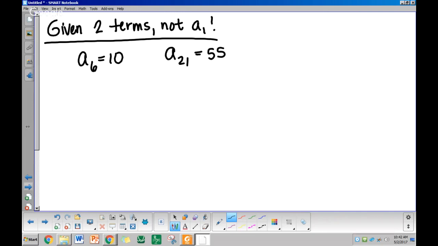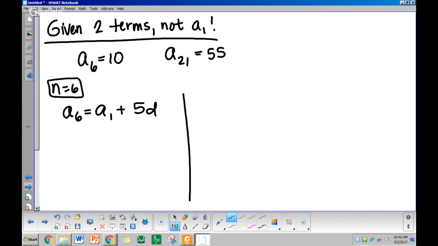All right, so what am I doing now? I'm giving you two different terms. It's going to be a system, yes. But this is easy algebra, right? All right, so this is going to be n equals 6. That's going to be a sub 6 equals, do I know a sub 1? No, so it's going to be a sub 1 plus n minus 1, which is 5d. So that's my one equation.